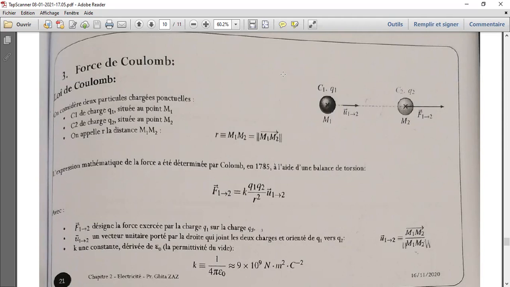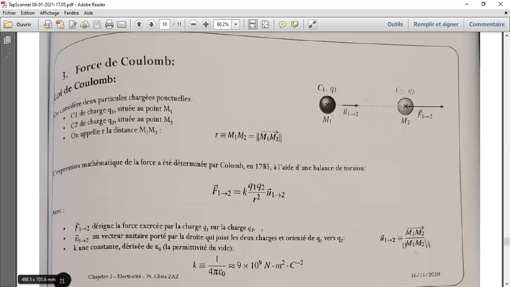With that information, you can easily calculate the force. K is always the same constant, which you just have to know by heart. No matter what, your K will always be the same.